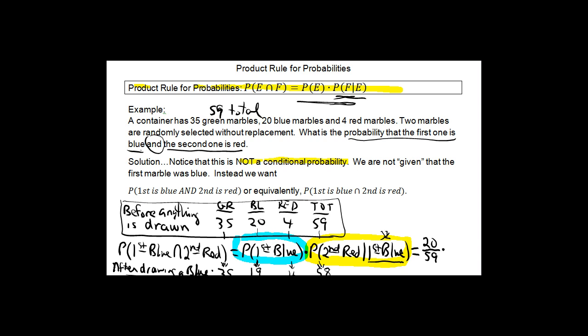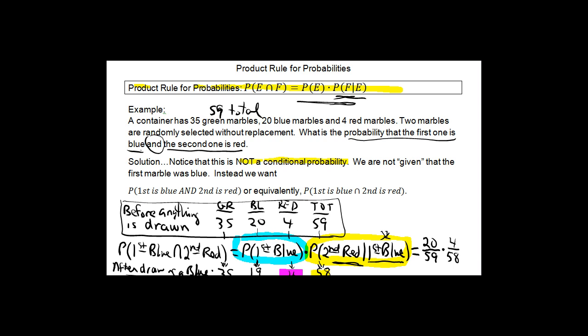So looking at that, the probability that the second one is red would be the number of reds, which is 4, over the number of marbles you have left, which is 58. Now that 4/58 will reduce to 2/29, so you can save yourself a little bit of trouble here.